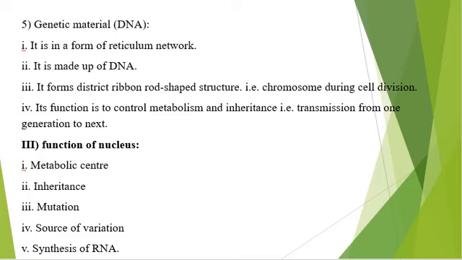Then the functions of the genetic material are the control of metabolism and inheritance, that is, transmission from one generation to the next. Metabolism means the reactions that happen inside cells, that is catabolism or anabolism, the formation or breakdown of molecules, and these reactions are controlled by this genetic material.